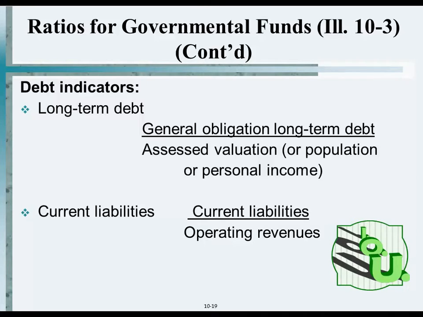One month's worth of payables would be what? 1/12, right? Approximately, of your revenues. So here the factor that we use is that if this number is greater than 5%, it could mean trouble, because you have too many current liabilities in relation to your operating revenues themselves.